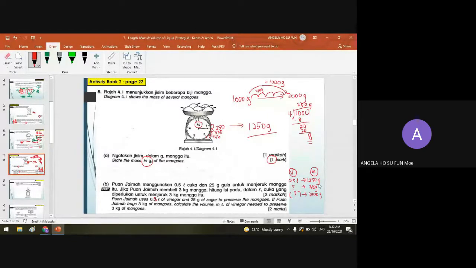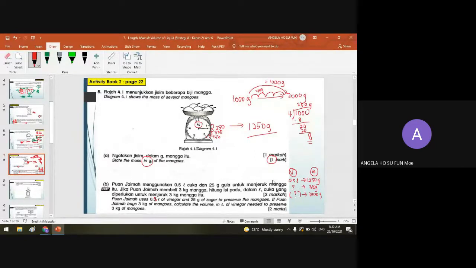This time I cannot simply check how many 1,250 gram are in 3,000. If here were 1,500 gram, it would be easy: if I times 2, I will get 3,000. But now I don't know what I should times. So what should I do?